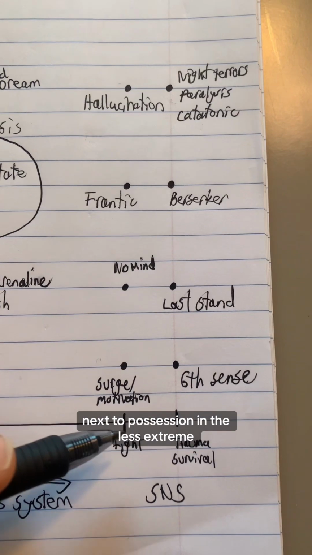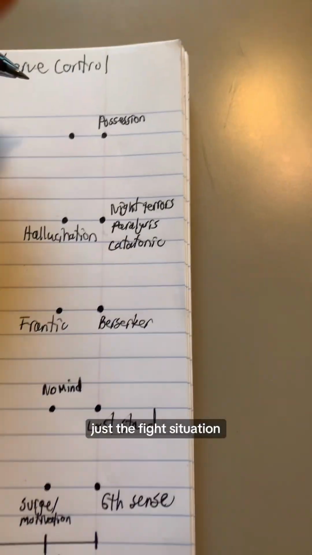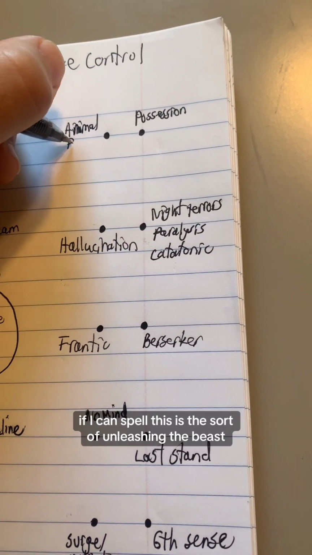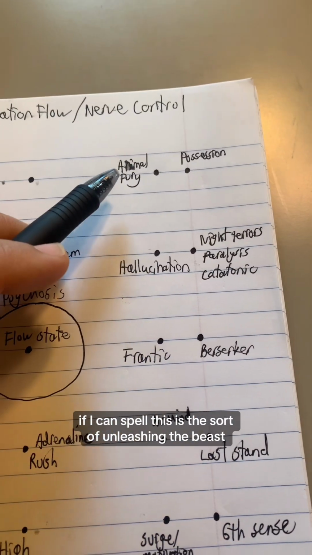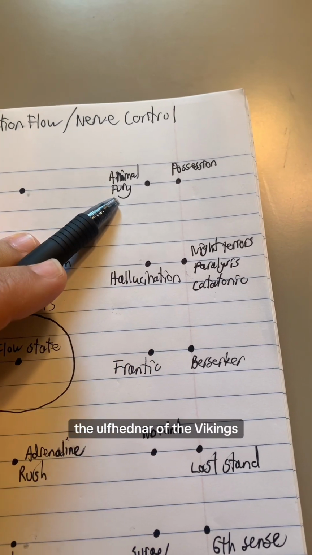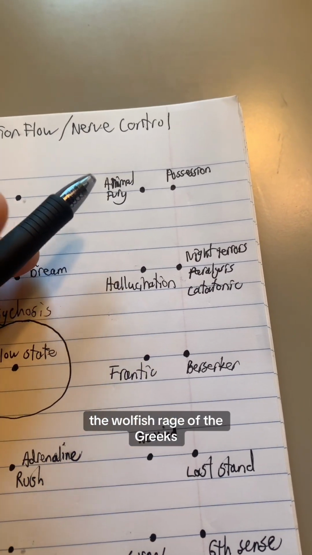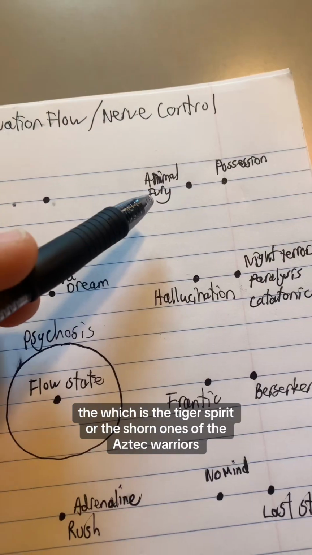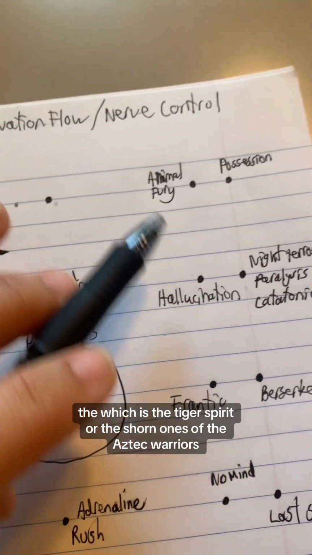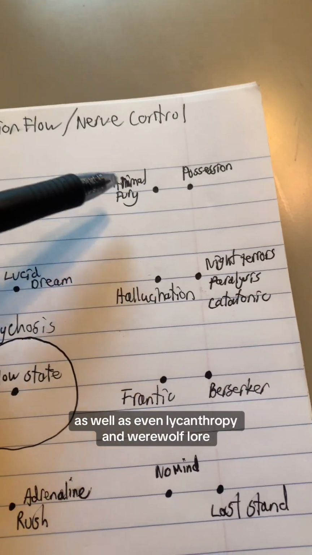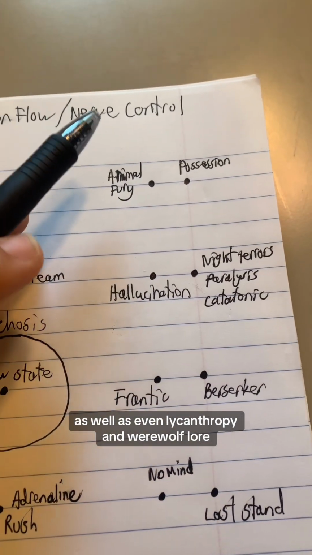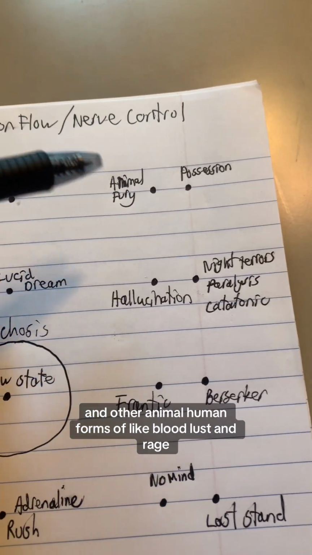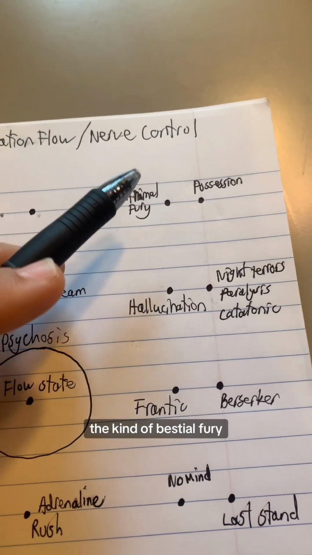Next to possession, in the less extreme, just the fight situation, we have animal fury. If I can spell. This is the sort of unleashing the beast, the Ulfhednar of the Vikings, the wolfish rage of the Greeks, the amok of the Malaysian, which is the tiger spirit, or the shorn ones of the Aztec warriors, as well as even lycanthropy and the werewolf lore and other animal-human forms of like bloodlust and rage, the kind of bestial fury.